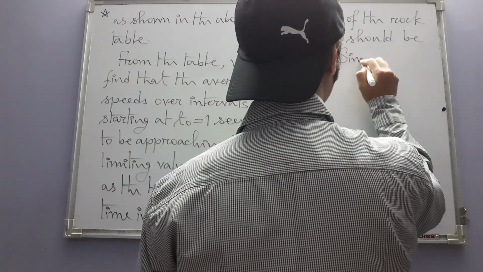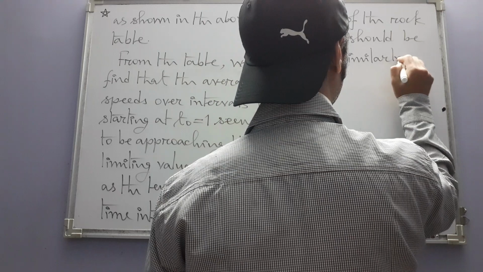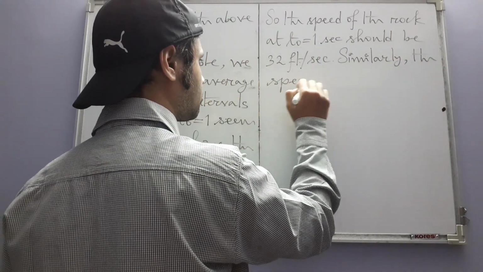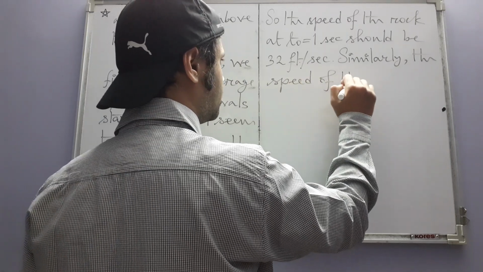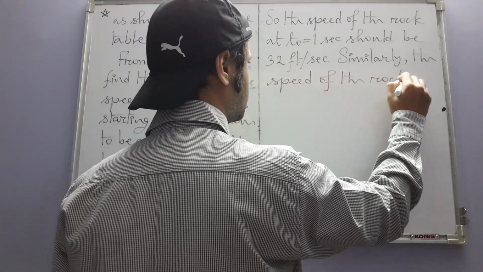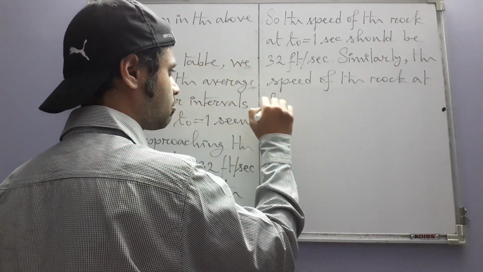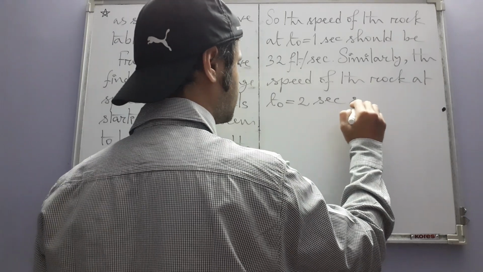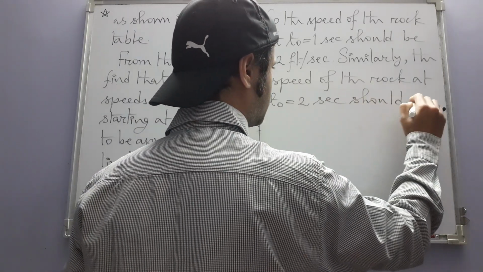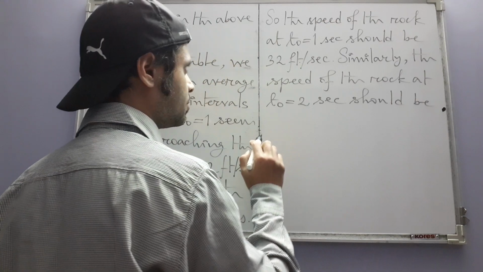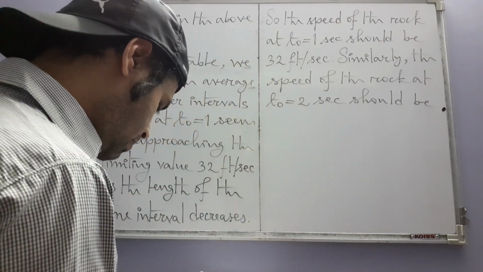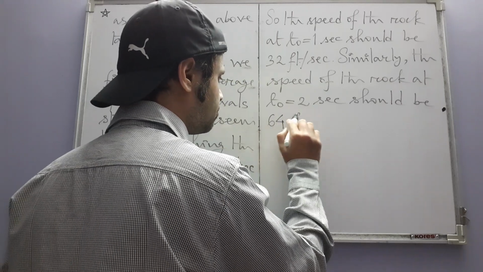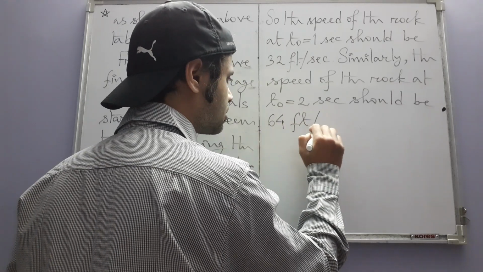Similarly, the speed of the rock at t naught equal to 2 second mark should be, what is it, 48? No, 64, sorry, 64 feet per second.